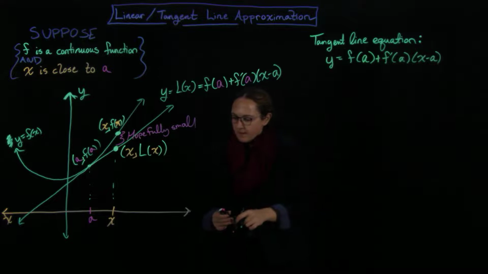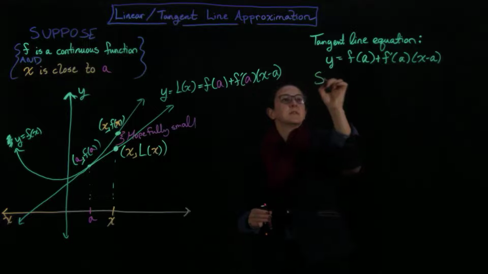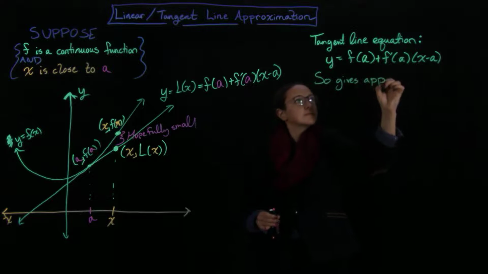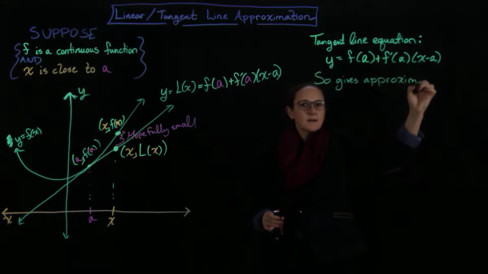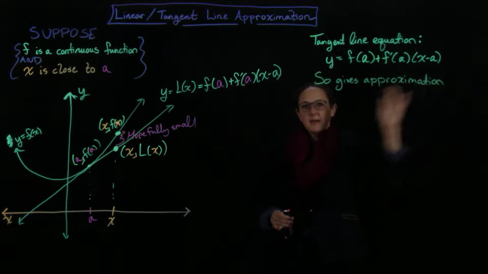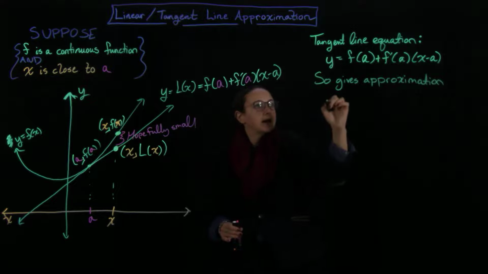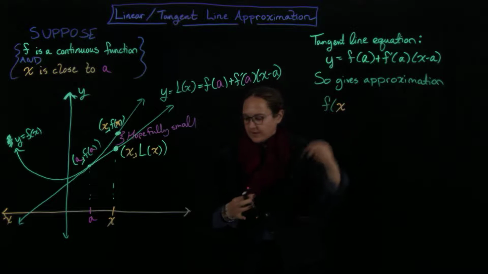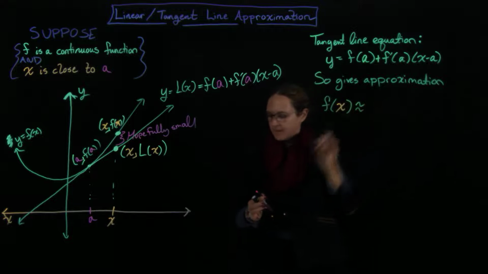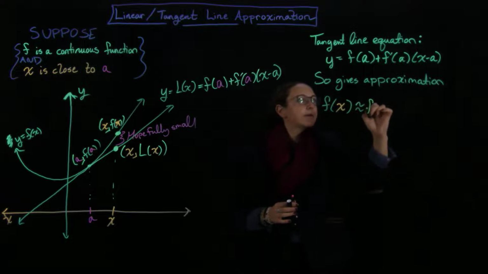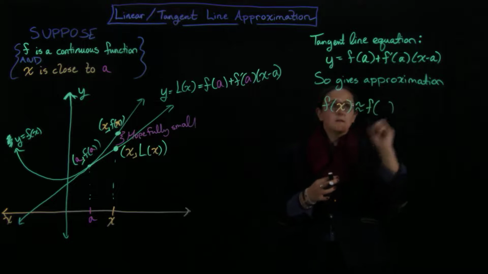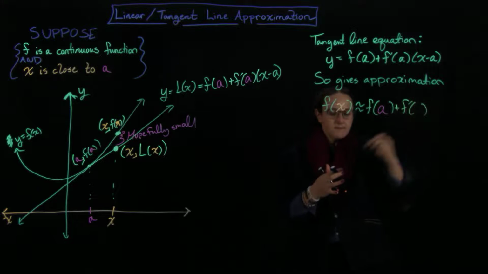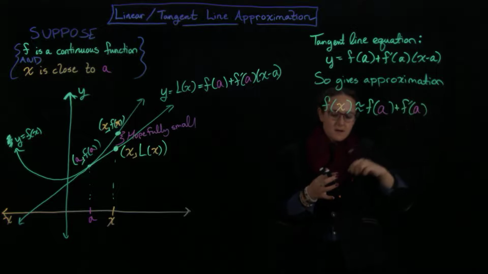Okay, so this gives an approximation. The approximation that we're going to get is that f of x is approximately equal to f of a plus f prime of a times x.